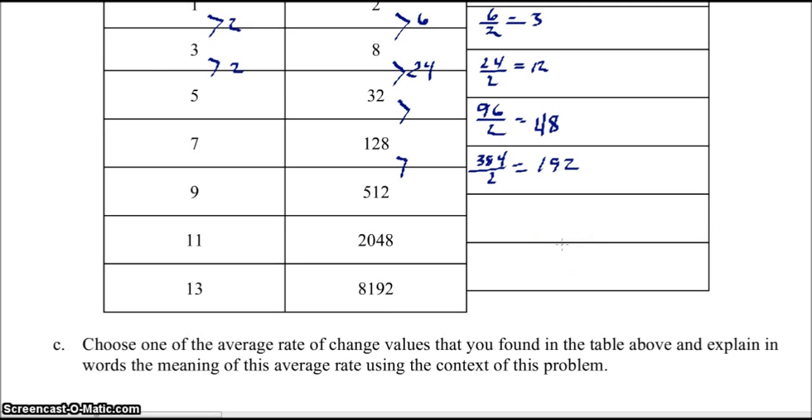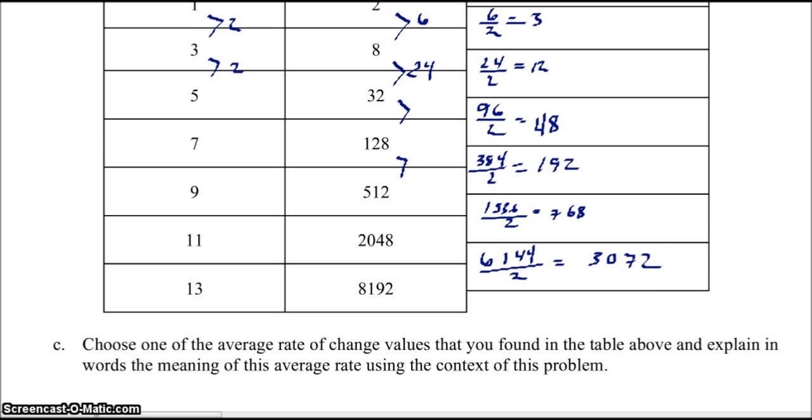And this one, the change is 1536 over 2, which is 768. And the last one, the change here is 6,144. Divide that by the change in the input of 2, and we get 3,072.